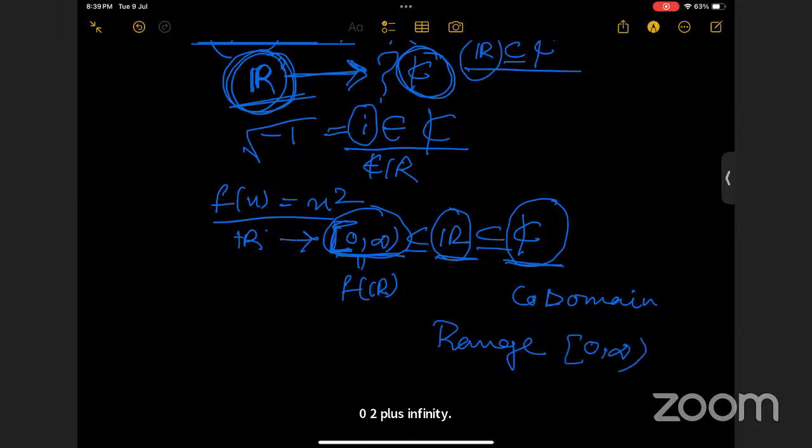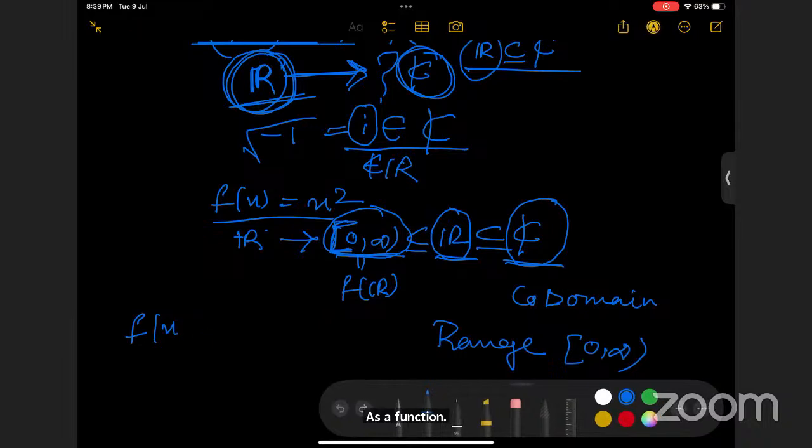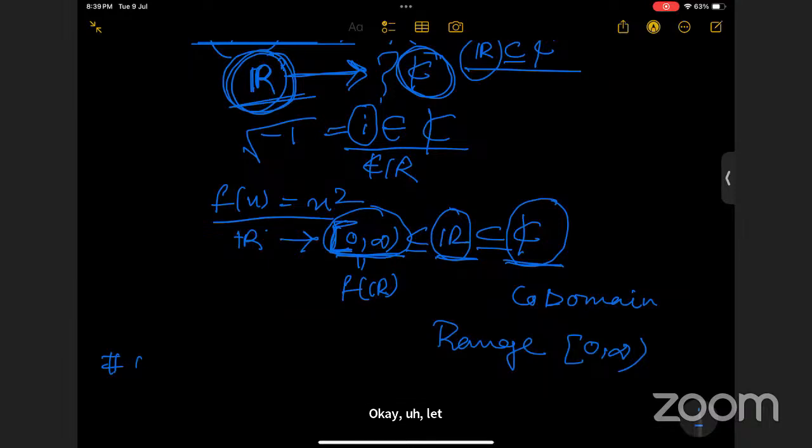So if I take this as a function, okay, let me first explain about onto function. So onto function means your range will be same as your codomain.